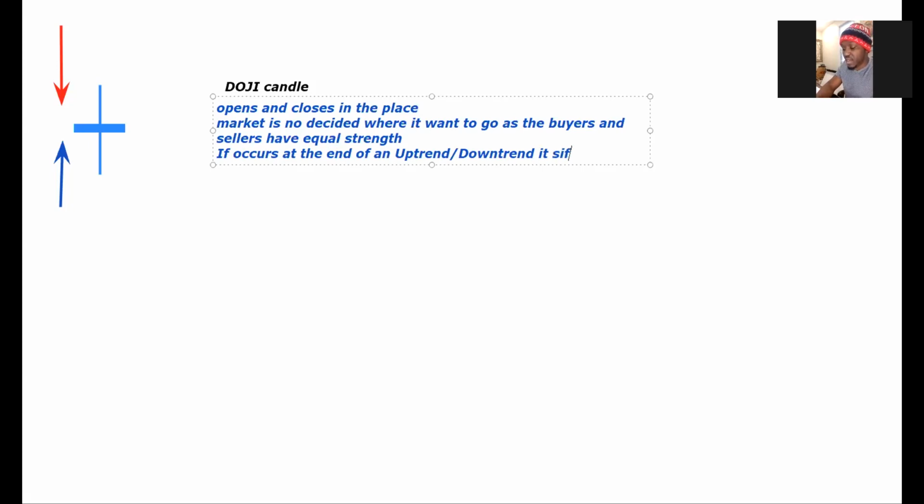It signifies that the market is going to be reversing. So when you see a doji, you've got to keep an eye on that.